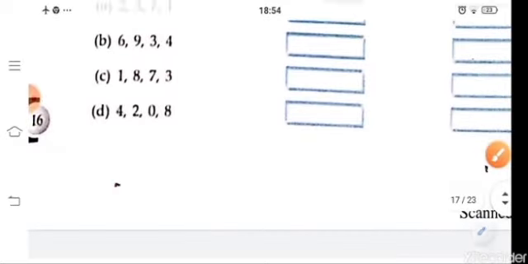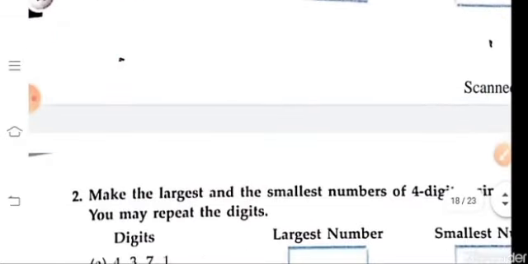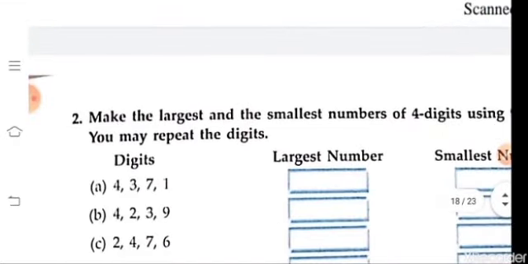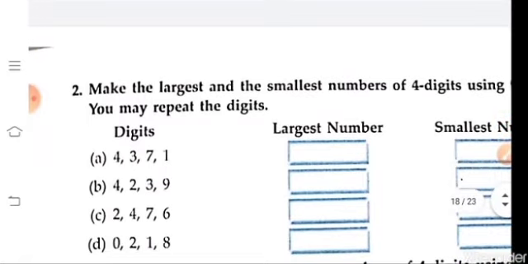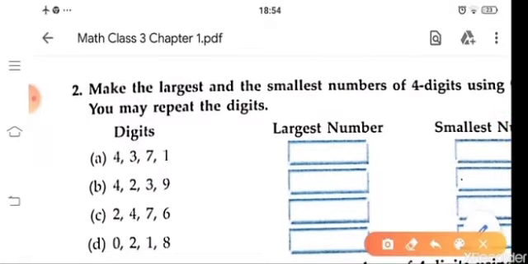And I hope, children, you all are doing your homework, whatever homework we are giving you, because it is checked by us. Now here also, in the second example, we write the number from these numbers, but in these we can repeat the numbers, like I told you in the previous example.